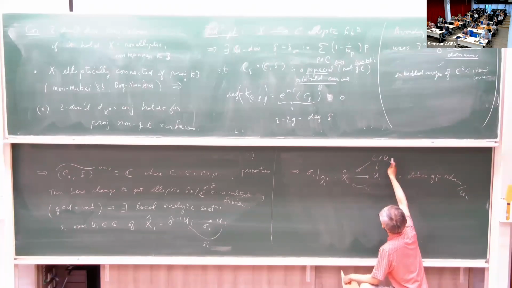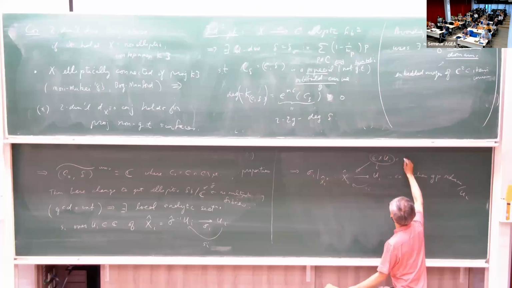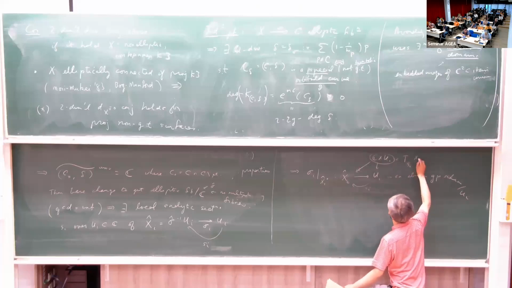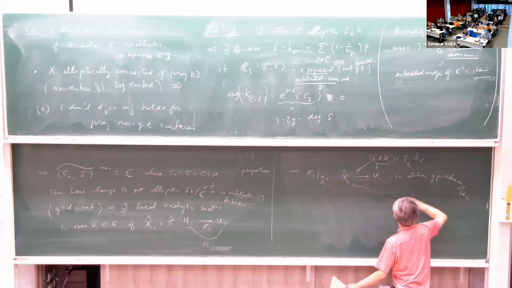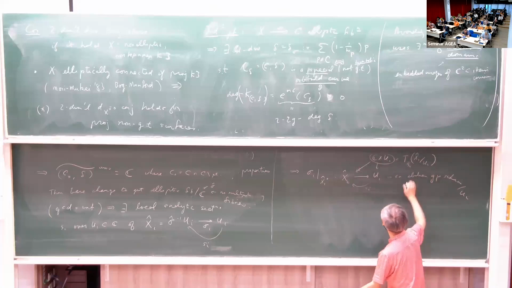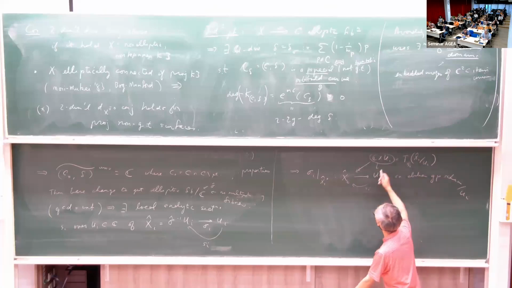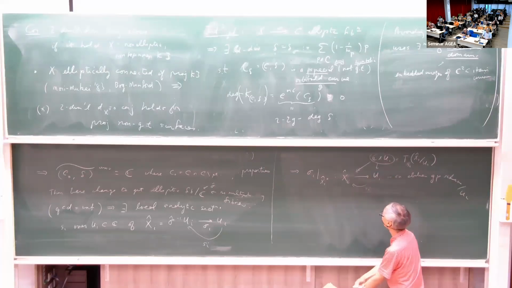So this C times U_i, you think of as the relative tangent bundle of X hat_i over U_i, restricted to the section S_i. This would be exactly C times U_i, because you can take each U_i to be a disk, for example, and this would map to X_i. Any questions?